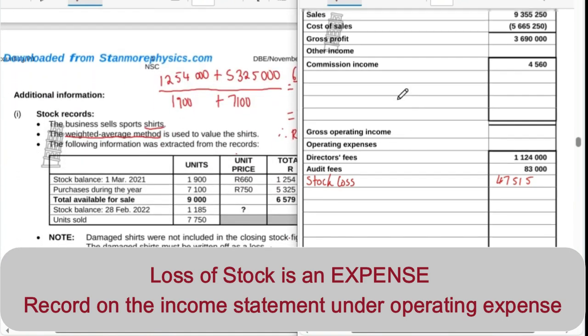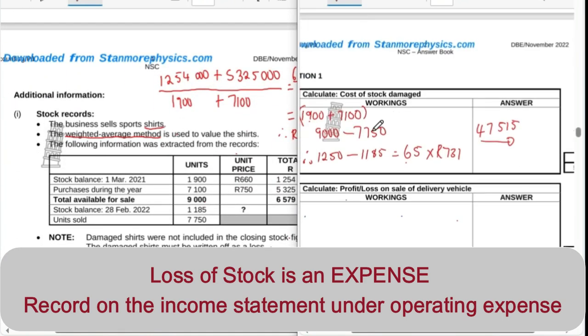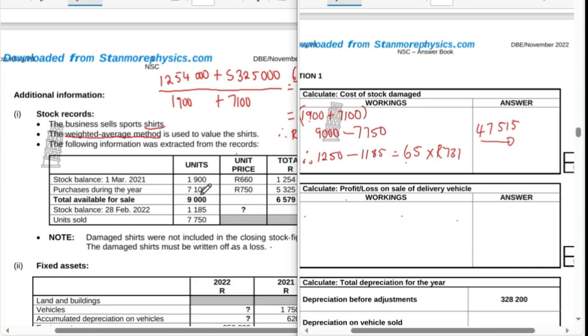And then guys, that's how you calculate any stock. Maybe in this case a stock was stolen, and then you can always apply this formula whereby you say your opening plus your purchases subtract the returns, and then you're going to have the total goods that are available for sales, and then on top of the available goods that you have for sales, how many units did you sell, and then from that you are expecting to have the stock that is remaining in the business.